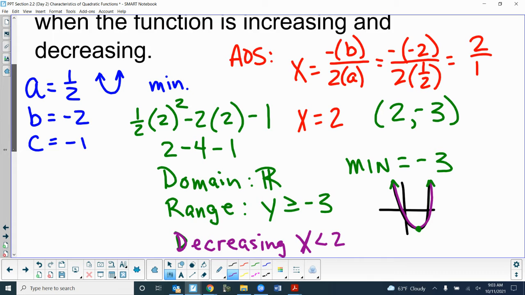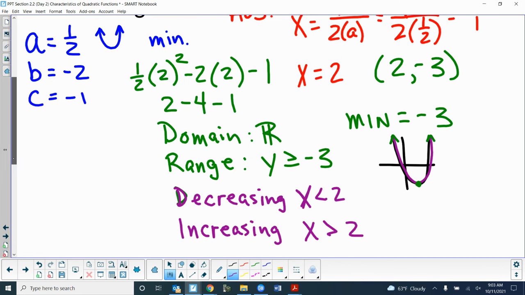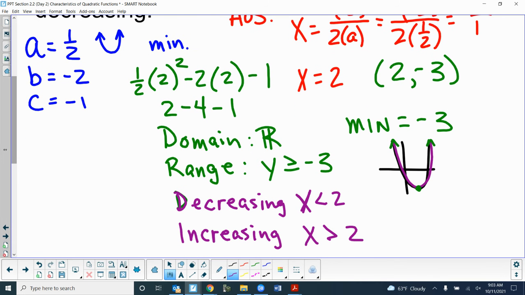Then decreasing and increasing. If it opens up, the left side of the parabola is decreasing, the right side is increasing. If it opens down, the left side is increasing, left to right, and then the right side is decreasing. And you just use the x value as you're going left to right, the horizontal. Questions?